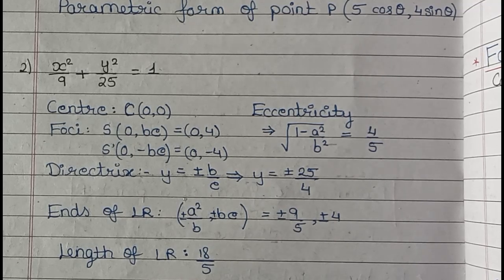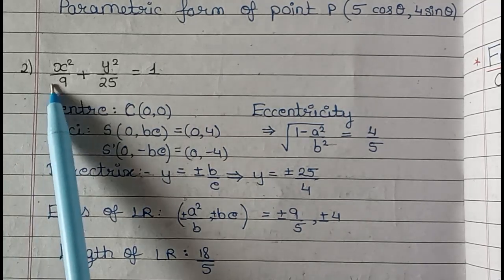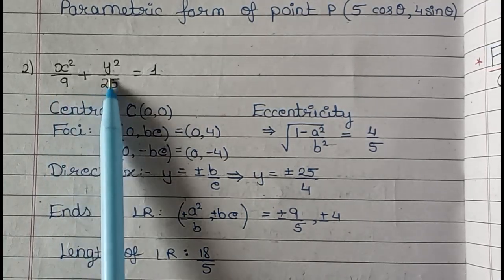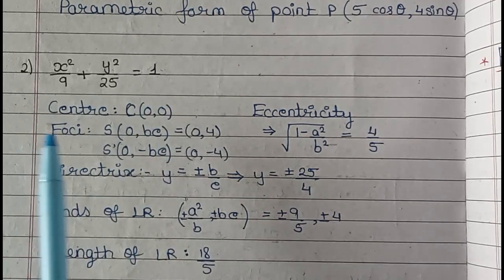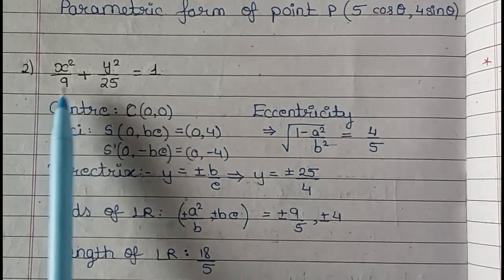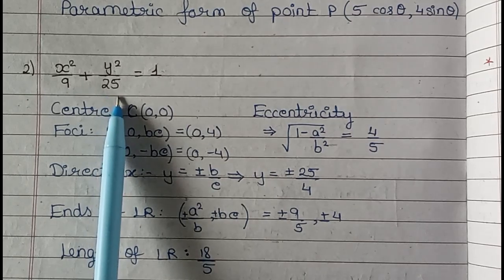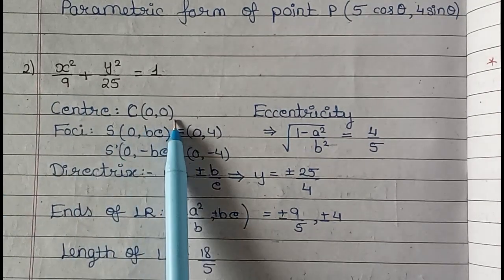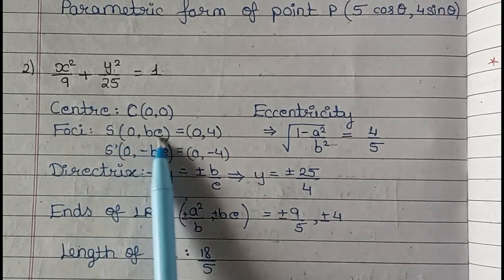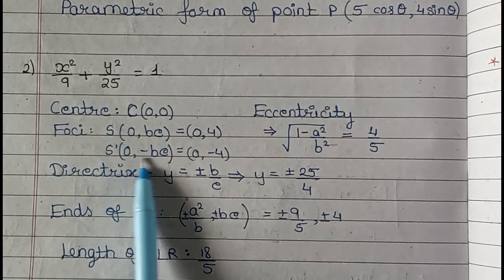Let's move on to our next example. In this, x square by 9 plus y square by 25 is equal to 1. Here we can see that a will be 3 and b will be 5. So it will be a vertical ellipse, not a horizontal one. So center will be 0, 0. Foci will be 0, be and 0, minus be.